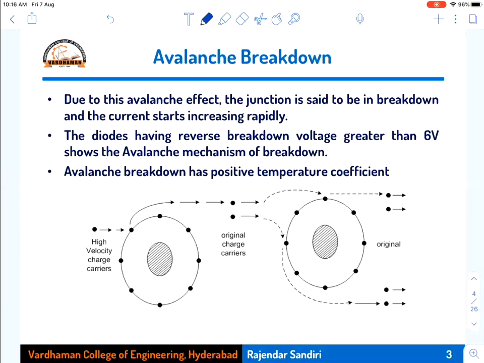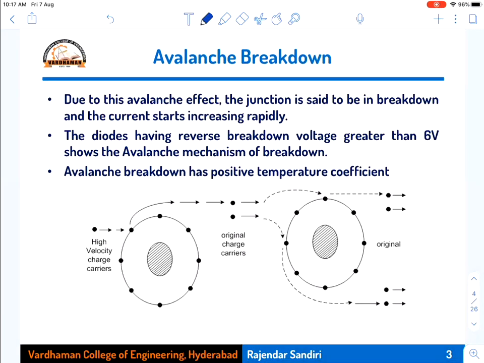Due to this avalanche effect, the junction is said to be in breakdown. Breakdown is nothing but this: there were a very low number of charge carriers, which are thermally generated or minority charge carriers. Now those minority charge carriers are colliding with the covalent bonds, and the number is increasing very large. That puts the junction in breakdown condition, and because of this huge amount of charge carriers, the current starts increasing rapidly.